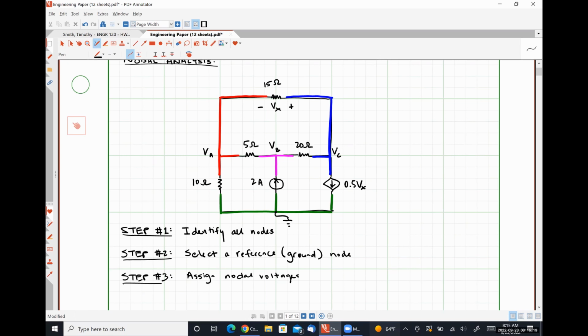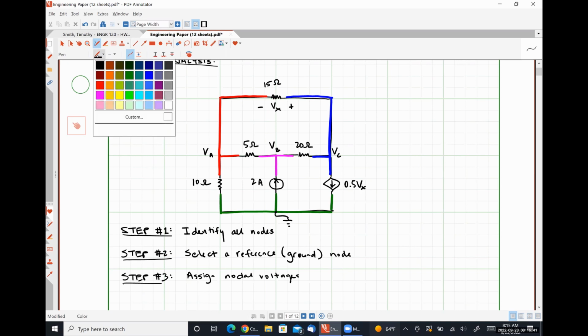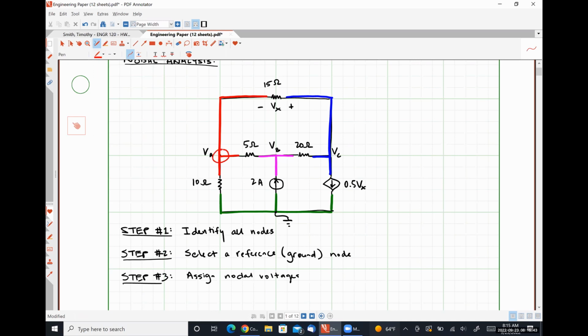Now let's talk about what this concept of a nodal voltage means, okay? So this description, VA, VB, and VC, all of these voltages are with respect to ground or with respect to our reference. So the nodal voltage VA is the potential difference between this point and this point in our circuit.